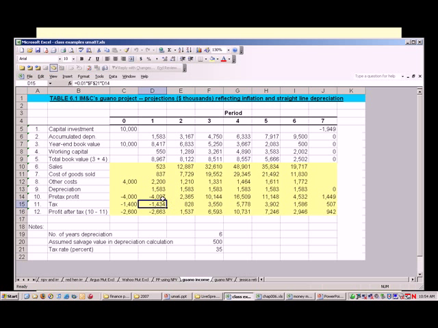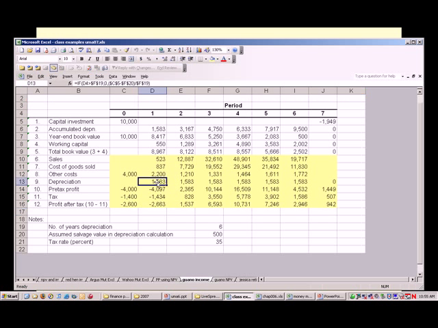Effectively, this loss will offset some profits that we're earning on other business lines and reduce our tax overall by $1.4 million. And then the bottom line here of our income statement is our profit after taxes of about minus $2.6 million.